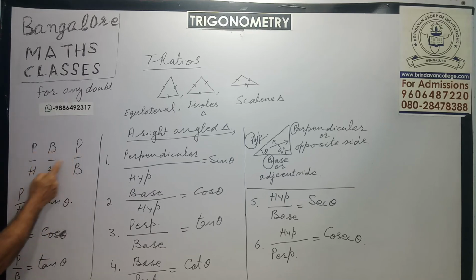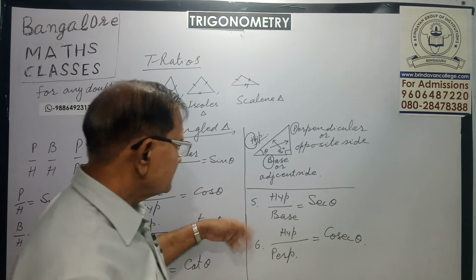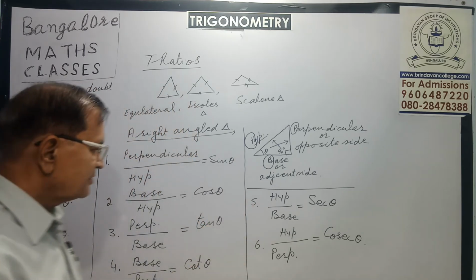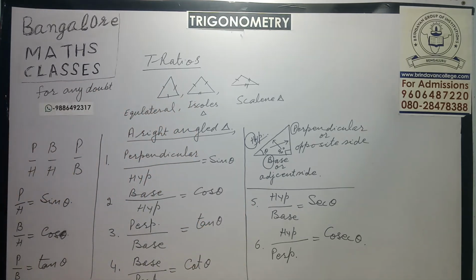So you can go with the basic ratios, sin theta, cos theta, tan theta, and then the 3 reciprocals, that is cot, secant and cosecant theta.